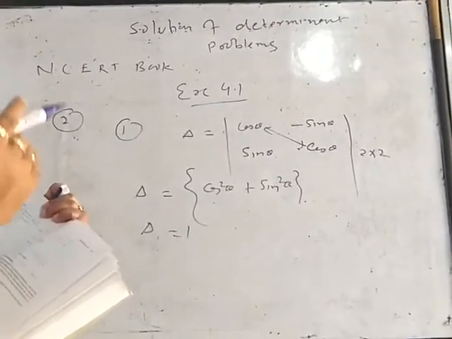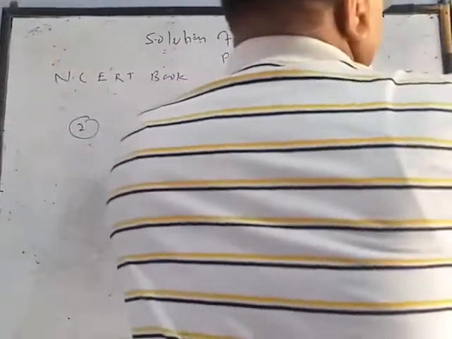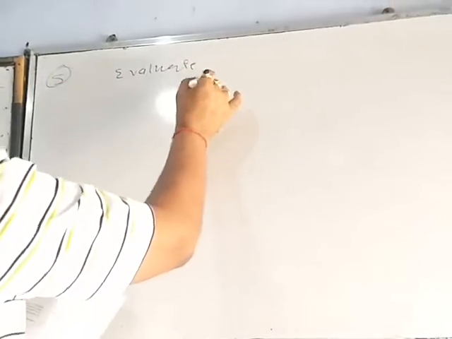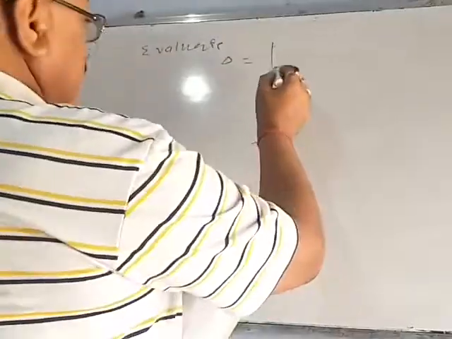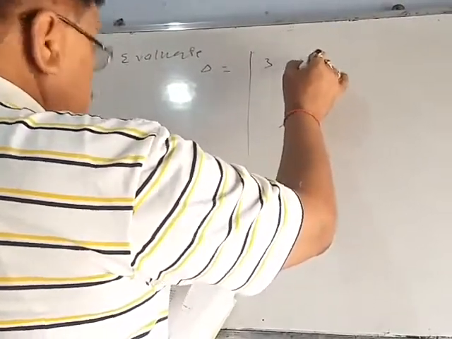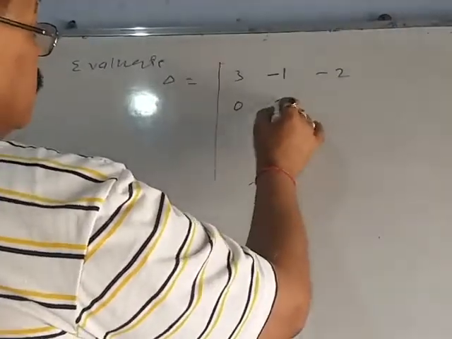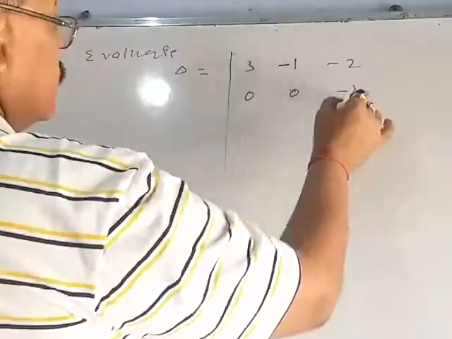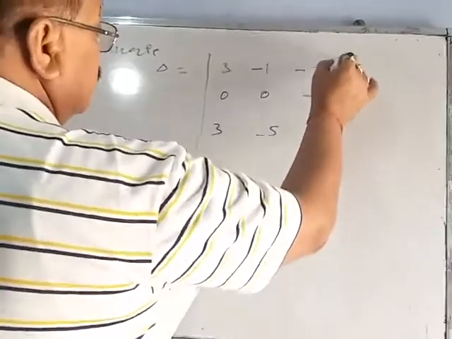Now evaluate the determinant, question number 5. The determinant with rows 3, minus 1, minus 2; 0, 0, minus 1; 3, minus 5, 0.